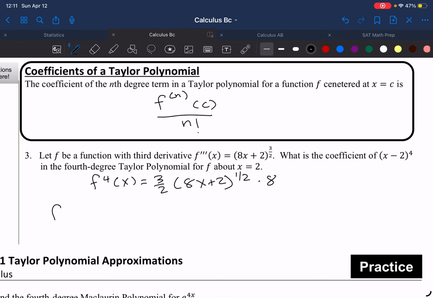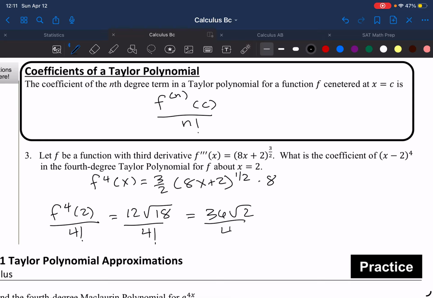So I have the fourth derivative of 2 over n factorial, so that would be 4 factorial. I'm just plugging everything in. So that's 12 times the square root of 18 over 4 factorial, which is 36 times the square root of 2 over 4 factorial, which simplifies to 3 square roots of 2 over 2. And that would be my answer.